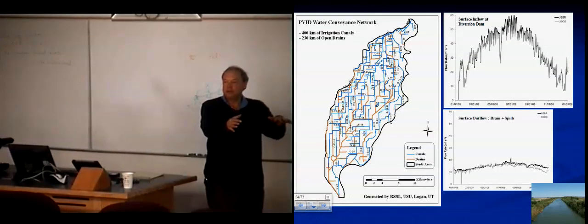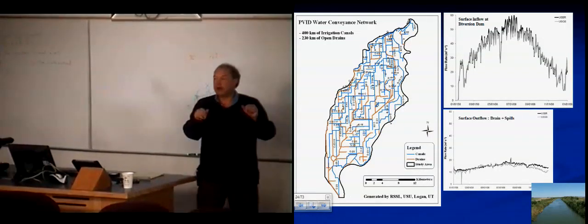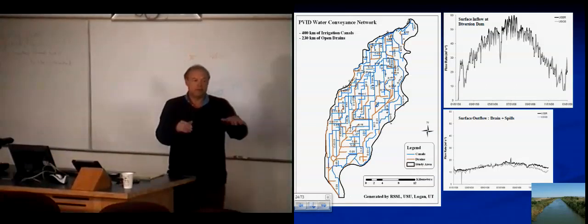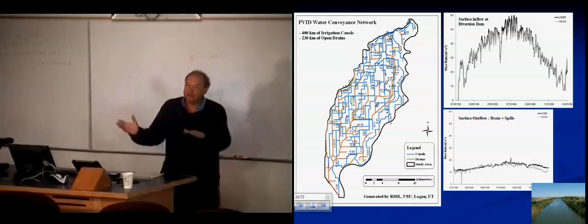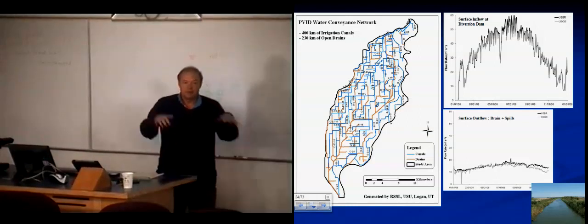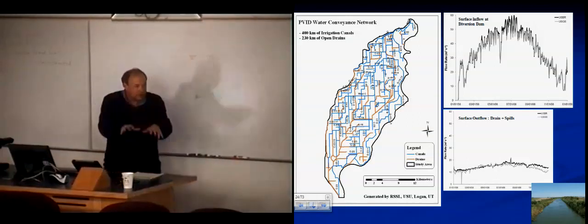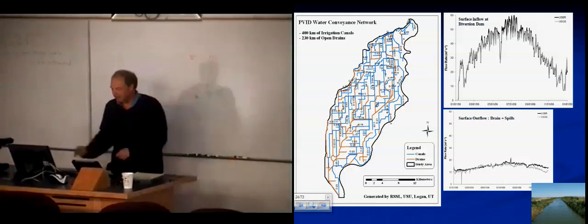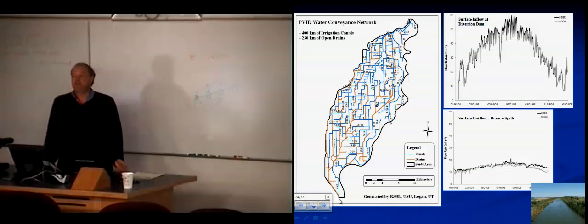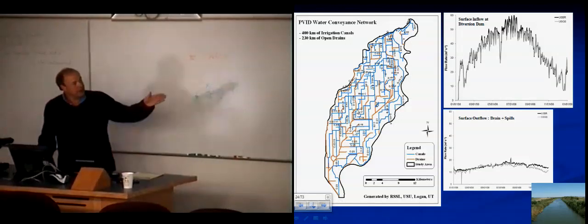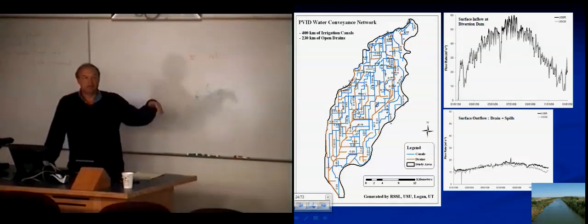So we've looked at the precip as an input, and then the surface inflow, which is the diversion dam at Palo Verde, where the water gets diverted from the Colorado River into the main canal. That is over here on this top portion. And in blue, you see the whole network.